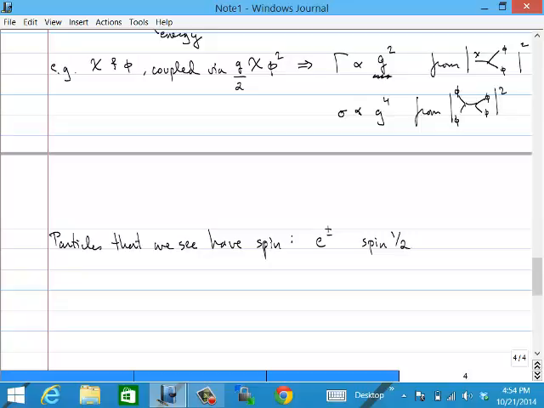And all of the various force-carrying particles, the carriers of the strong and weak nuclear forces, the photons, gluons, W's, and Z's, all have spin 1. And the other sort of particle that we see is the graviton, which is a particle with spin 2.